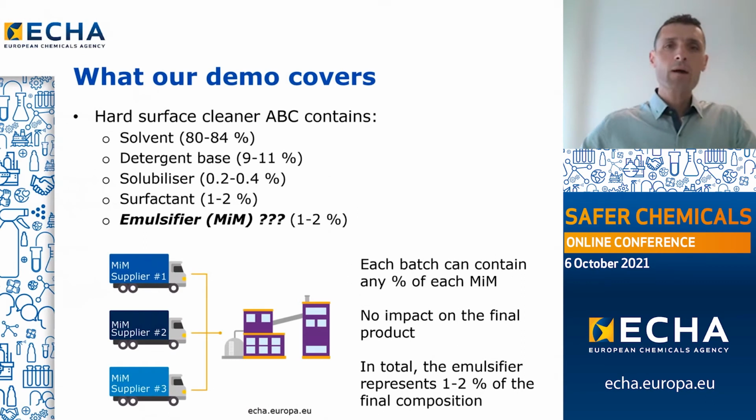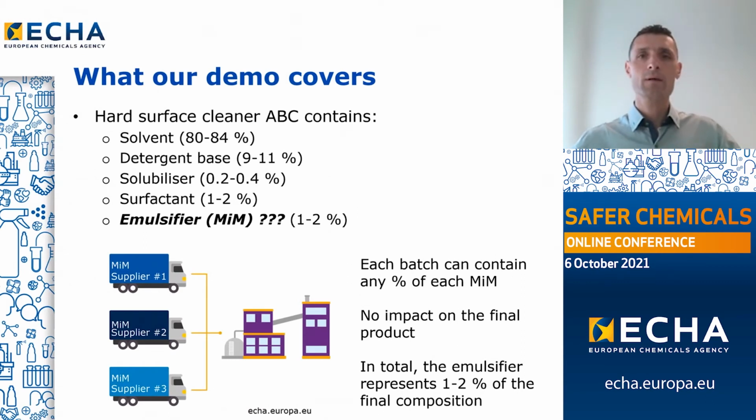Now, in my demo, I will use as an example a general surface cleaner, which has a composition. One of these components, which is a MIM, is used as an emulsifier in the final composition, but is purchased from different suppliers. Each supplier provides a MIM which has the same technical function and is similar enough for the formulator, but is not exactly chemically the same.